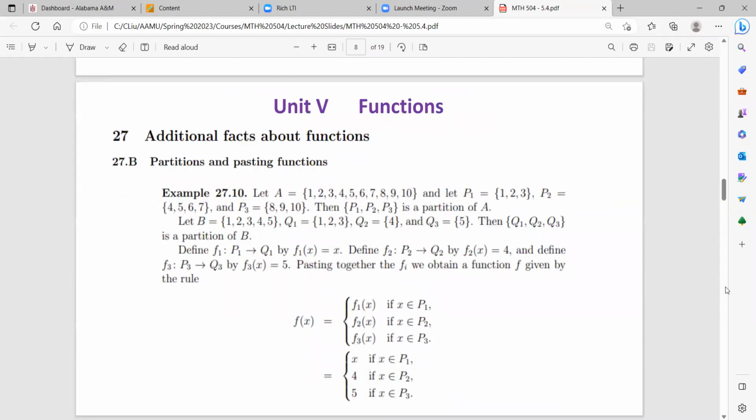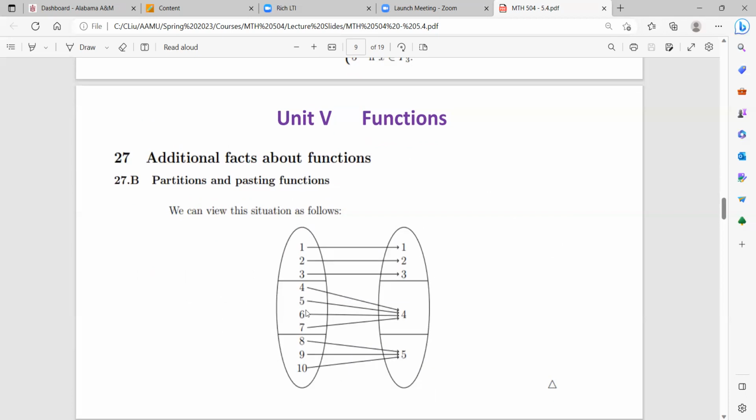And then you map all the numbers in P2 to one number, which is Q2, and you map all three numbers in P3 to one number, which is 5, or Q3. Okay, so these are three separate functions, but we can paste the domains together and paste the codomains together, then we get one function, right?